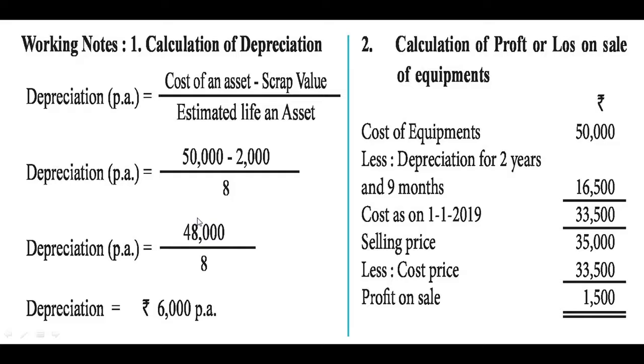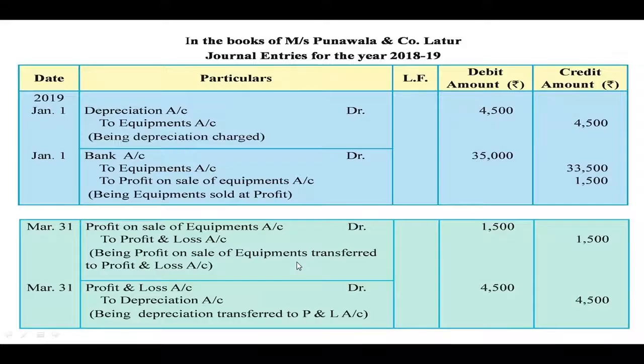Here the working is also given. Then the journal entries are given here. Depreciation account debit 4,500. They have asked to make the journal entries only for the third year. So on 1st January 2019 the depreciation we have provided.